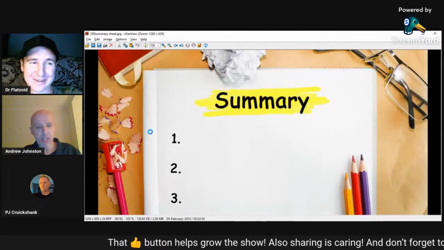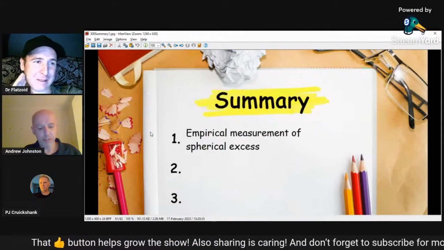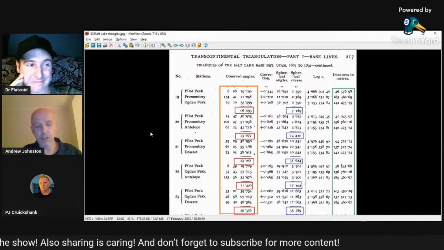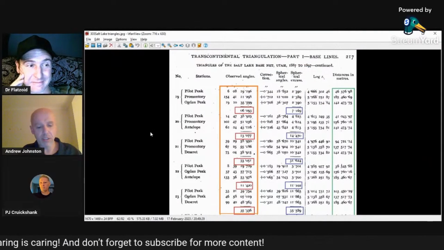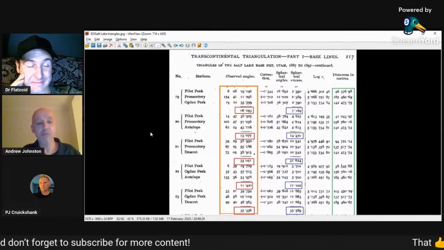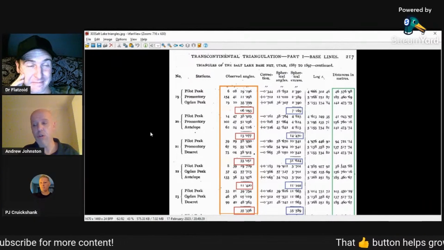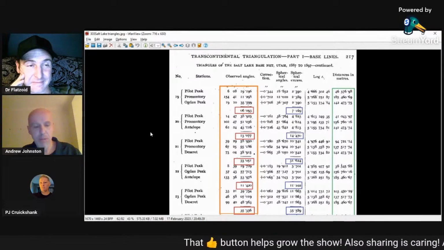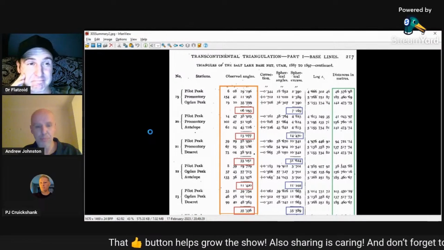Quick summary. Empirical measurements of spherical excess. Here in the Salt Lake BaseNet, a picture I showed you earlier, we can see in orange and in the smaller red squares, even before doing corrections for margin of error, that we do have excess angle in those triangles.